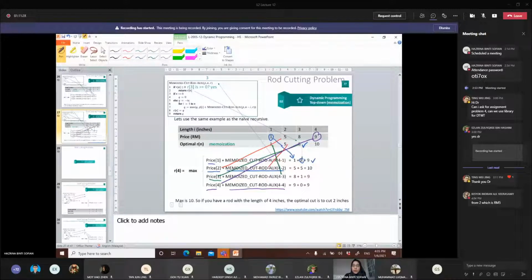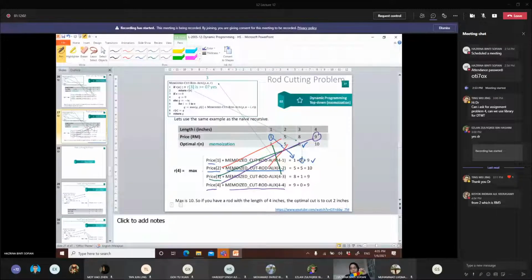So right now we have a full table of this. How much can we sell? The best in here, how are we going to look at it? Let's say we have 4 inches.